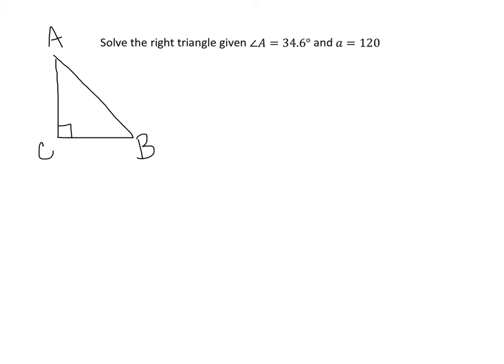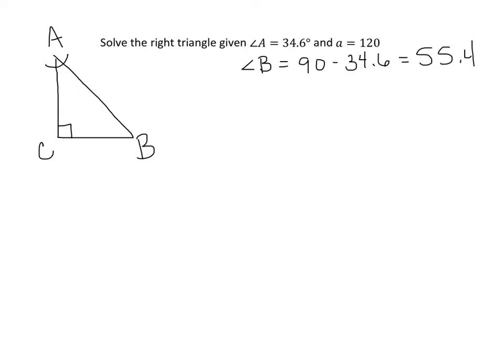If angle A is 34.6 degrees, angle B has to be its complement. The way I drew this, my smaller angle's here, so angle A is a smaller value than angle B. So I'm going to draw it so that it looks like the picture.